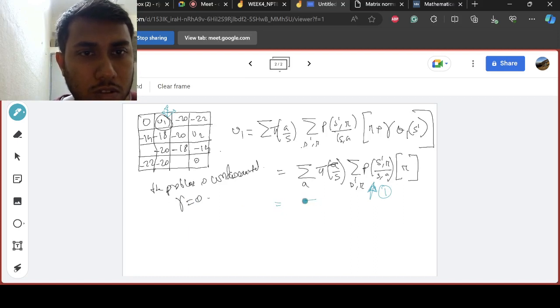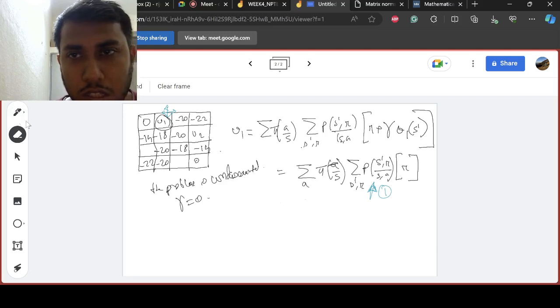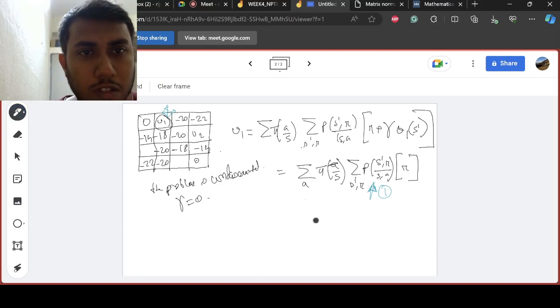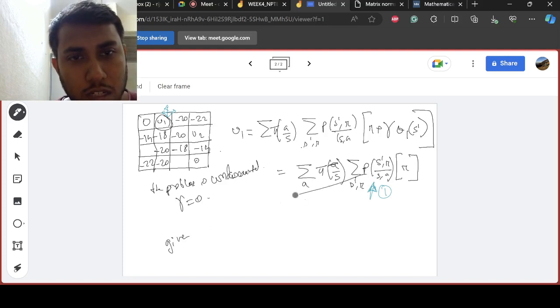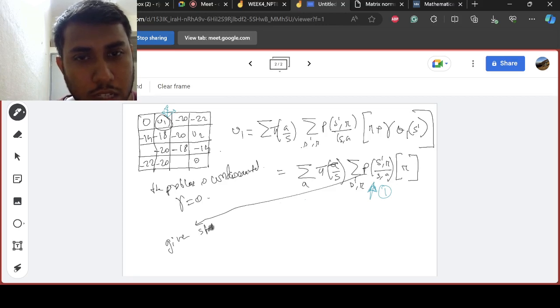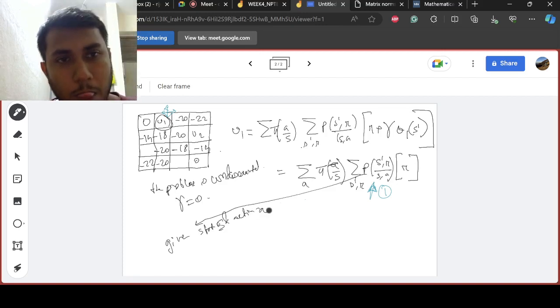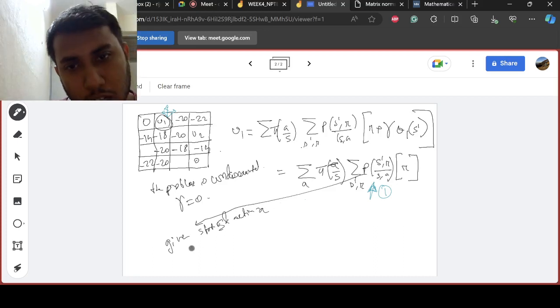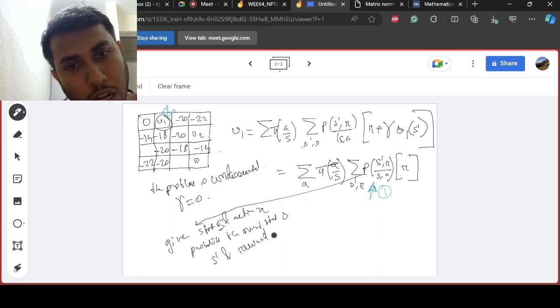So what does this mean? This probability means: given state s and action a, the probability that the next state is s dash and the reward is r.